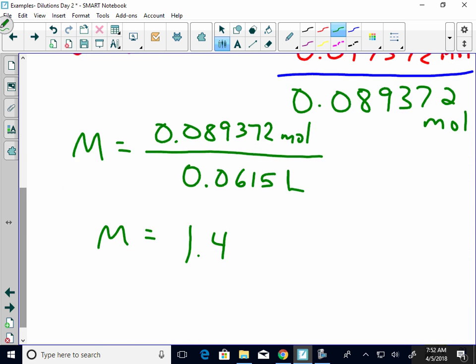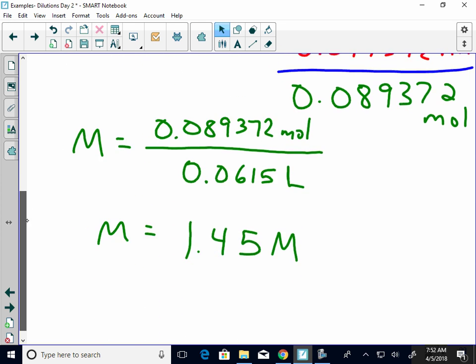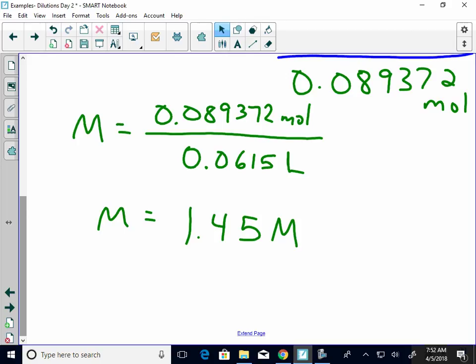Three on all of them, so 1.45 molar solution. So by mixing those two solutions, the 1.8 and the 0.8, I come up with a value of 1.45 molar. Does that make sense? When I mix the two, they should be in between the molarities of my two values, shouldn't they? Yes, they should be.